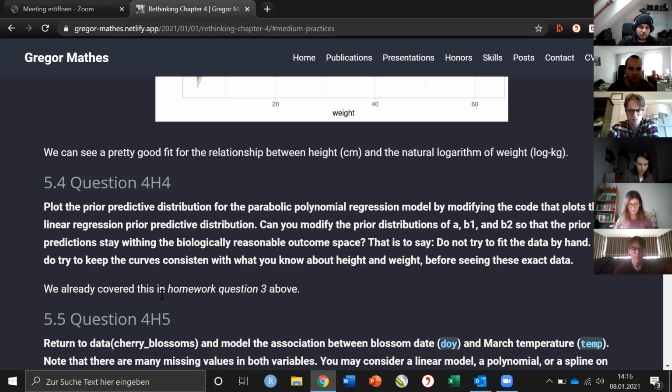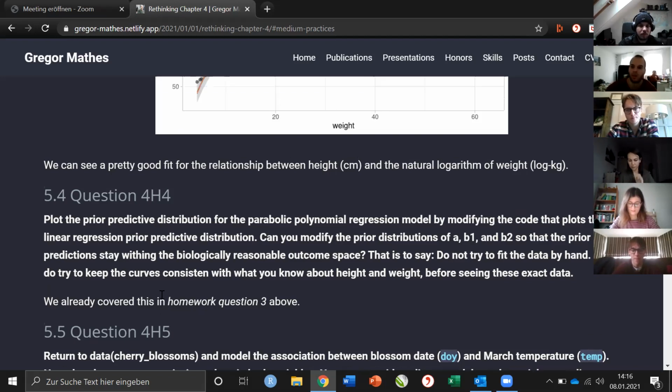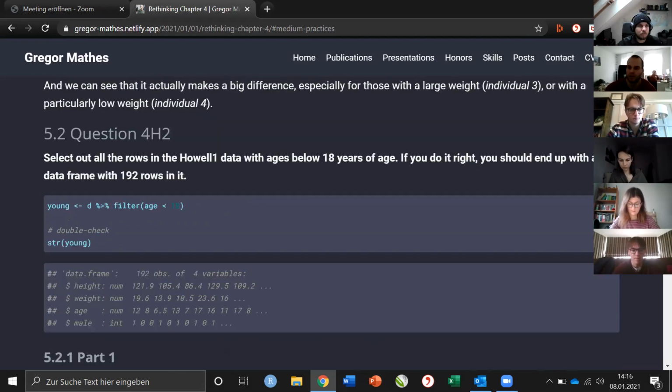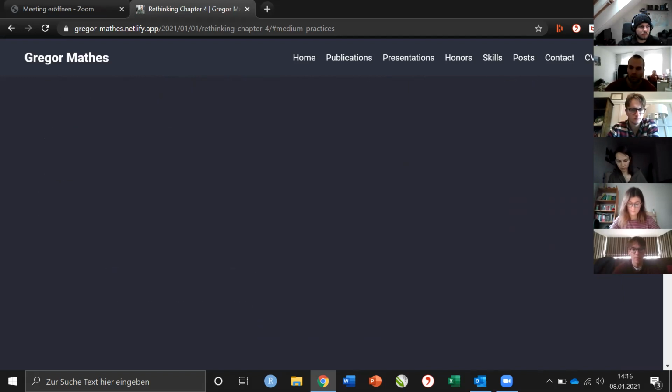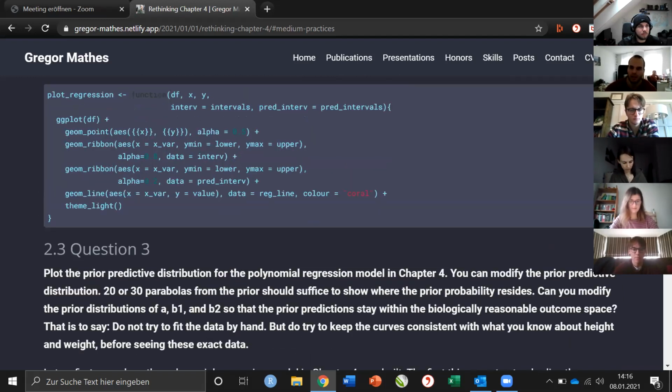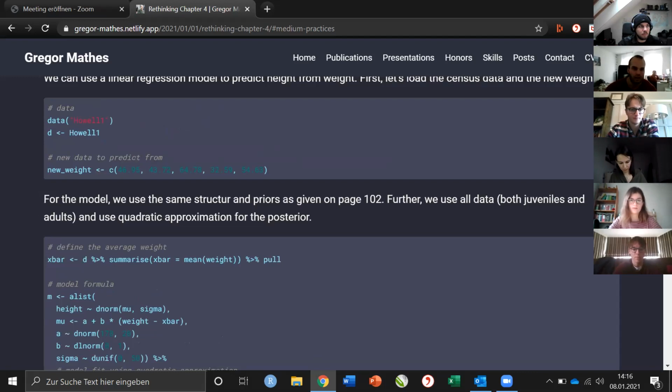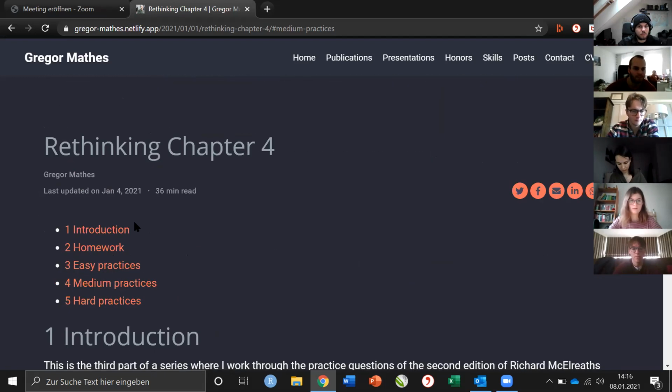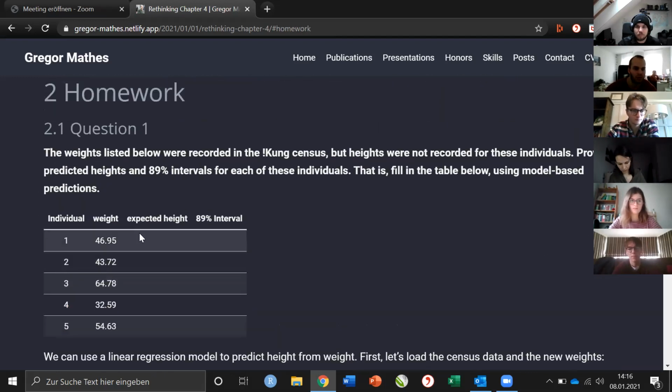That is to say, do not try to fit the data by hand, but do try to keep the curves consistent with what you know about height and weight before seeing these data. So I just have to switch to the homework because it was basically the same question there. So homework.